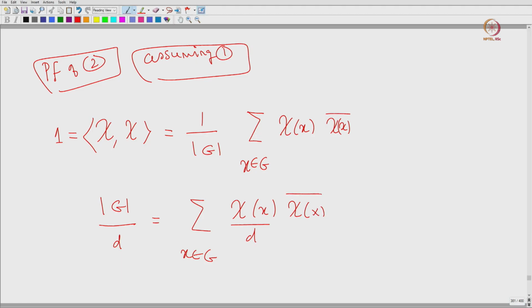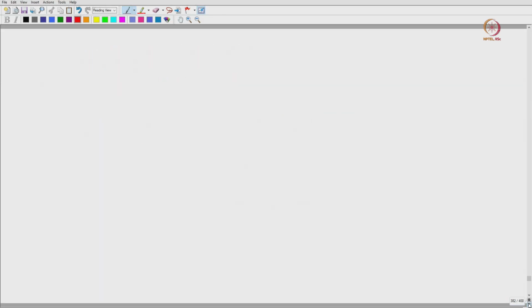Now note that if we take C1 through Cs to be the full set of conjugacy classes of G, then let us look at the value of chi on Ci.